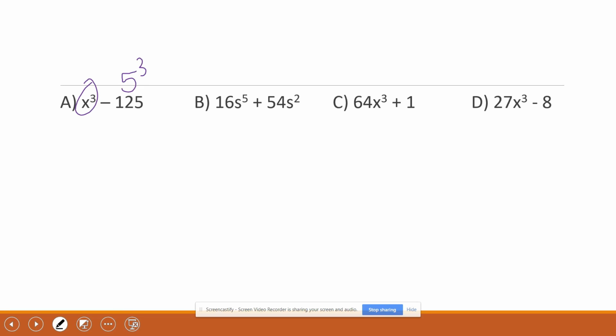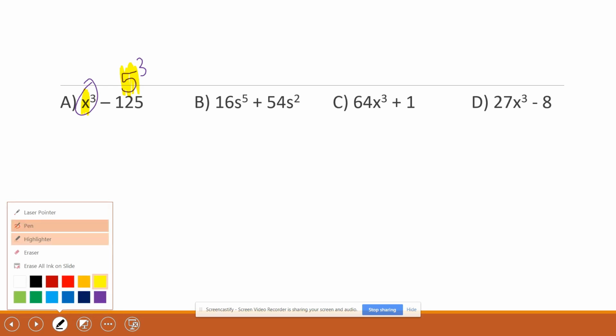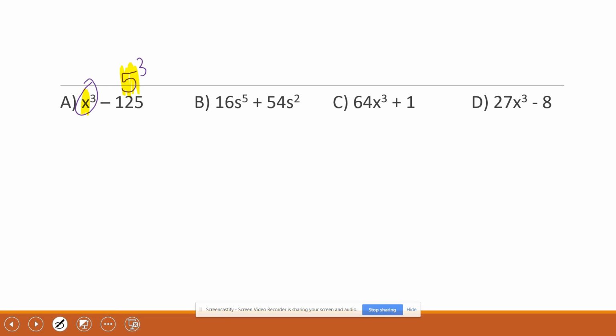Now when we use the difference of cubes formula, we use just the number, the base, not the exponent, as our A and our B. So our A is X and our B is 5. And that's what we're plugging into our difference formula.